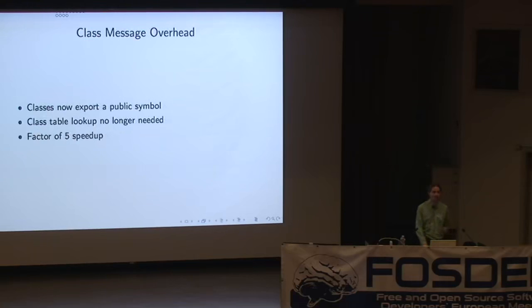Class message overhead, this one is really easy to fix. We just make the class structure that the compiler generates export a public symbol, and just reference that directly, and don't bother with the hash table lookup. Apple does the same thing for their runtime, and this gives us a factor of 5 speed up when calling class methods.